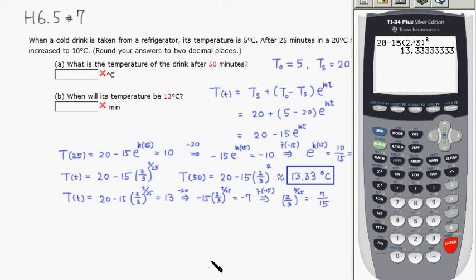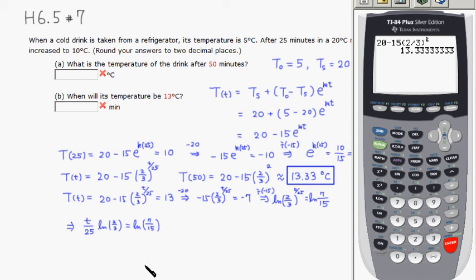Then we're going to take the natural log of both sides. Using the log property, I'm going to put the t over 25 in front. Then you have the natural log of 2/3, and this is equal to the natural log of 7 over 15.